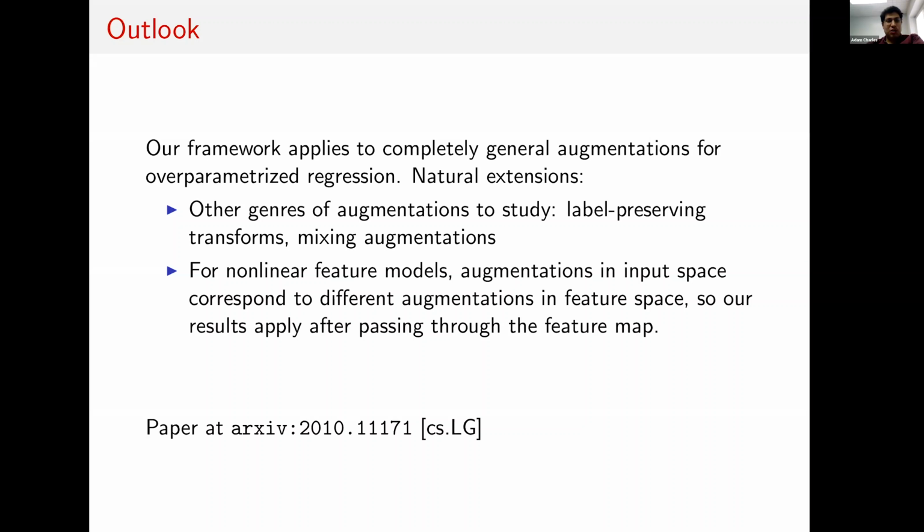If not, I was curious, I don't think I caught this detail, but the range of distributions on the augmentation noise that you account for in this particular model, how general are they? They're actually basically completely general.